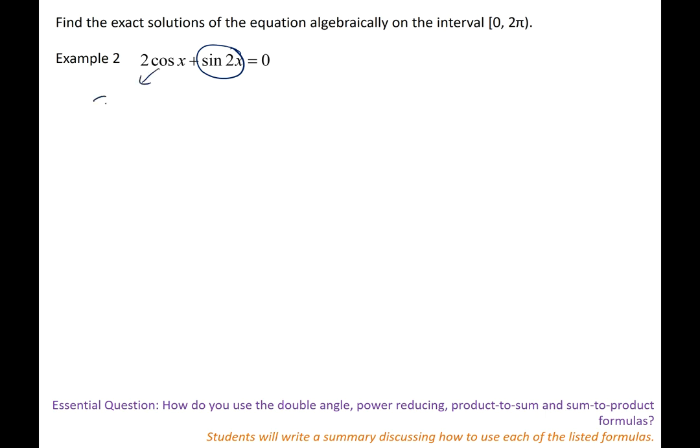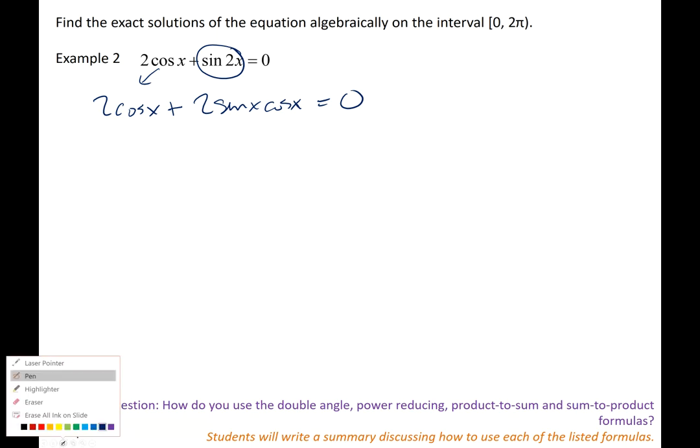So I'm going to keep my 2 cosine. So what can I substitute in for sine 2x? 2 sine x cosine x equals 0. All right.